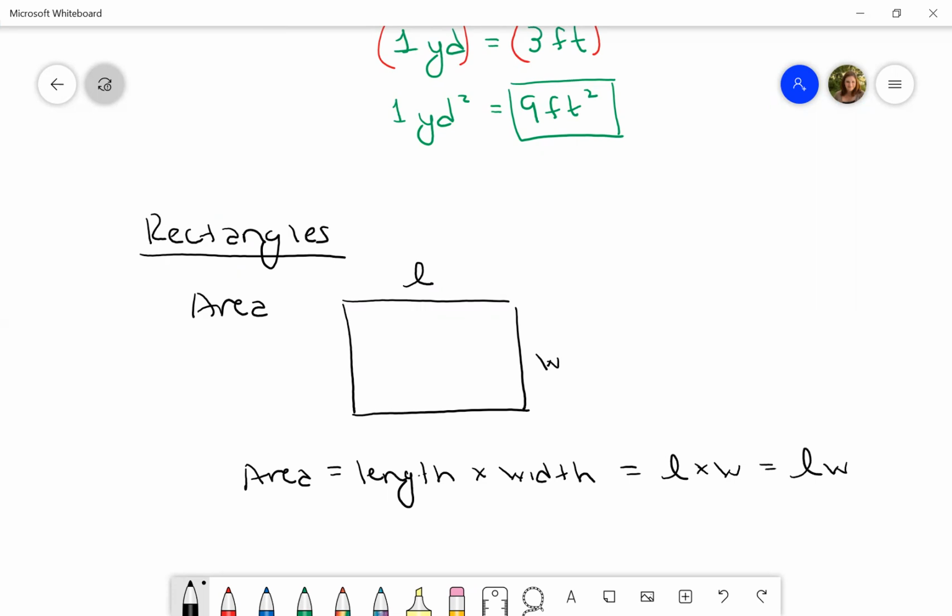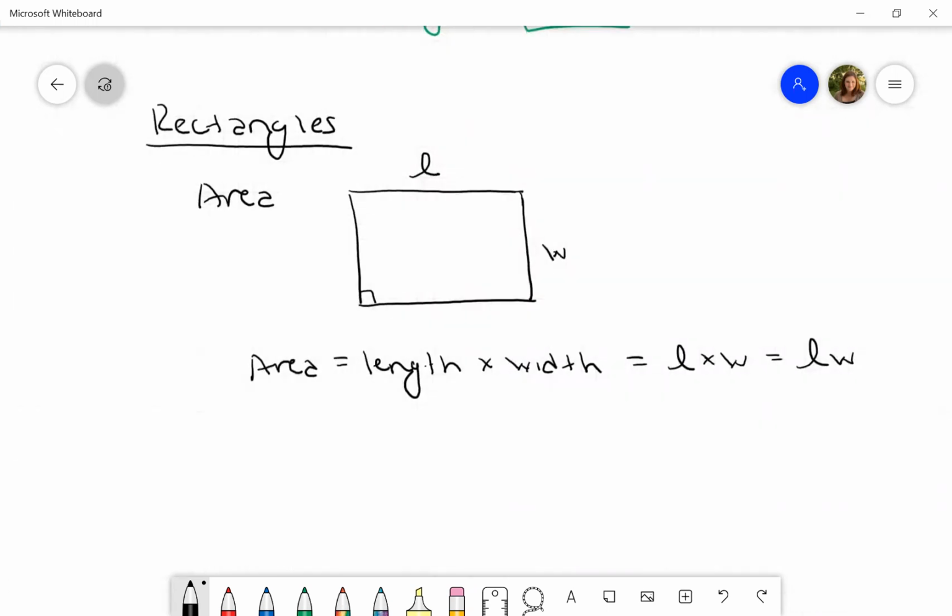Okay. So the length of a rectangle times the width of the rectangle. And that works for a square. It just happens to be that in a square, the length and the width are equal. Here, I should put a little right angle in the box so that way we know we're talking about a rectangle.